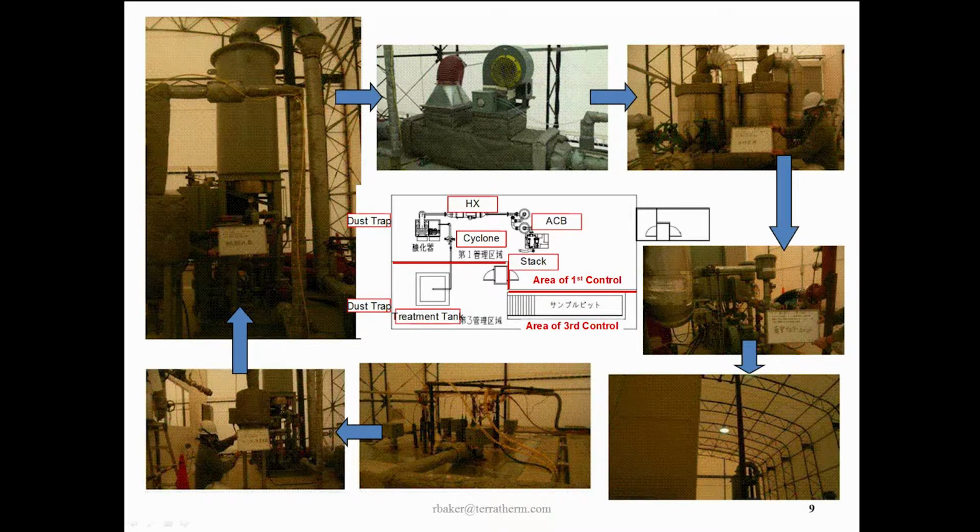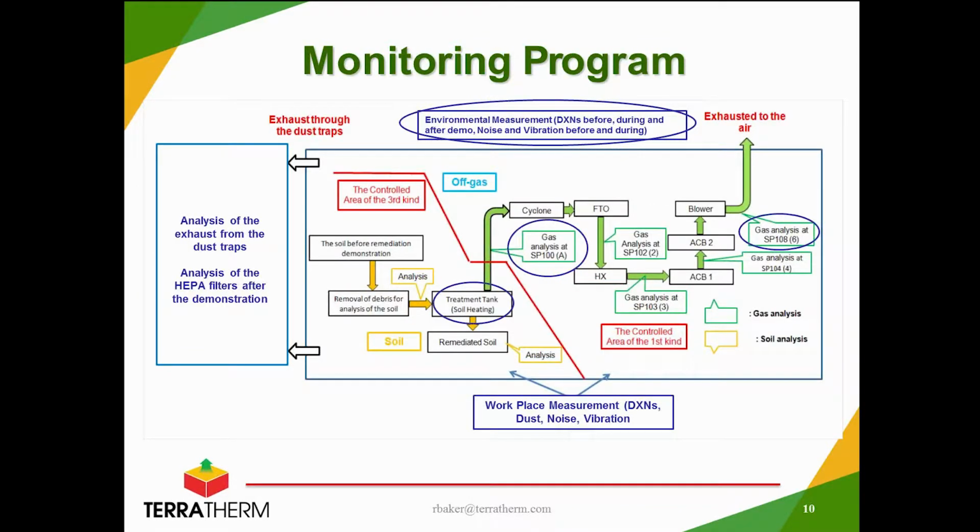Now, while there's a great deal more evaluation and monitoring that was done than I have time to report on here, I will focus on a few things that I think are of greatest interest. One is what happened in the treated soil itself. The second is the measurements that were made of the off-gas evolved from the heated soil ahead of the treatment system. It's unusual to have this kind of information, but it was collected in this case.